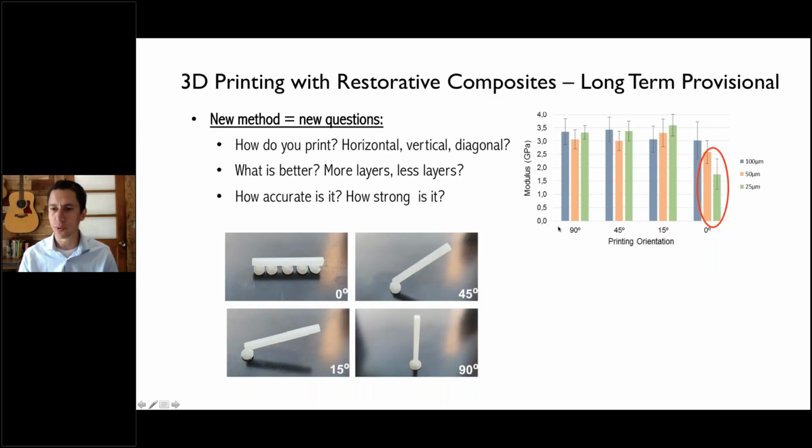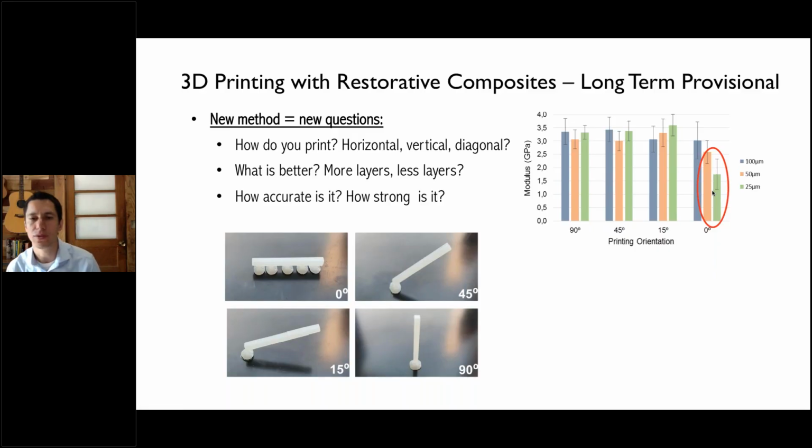And much to our surprise, like Kurt mentioned earlier, we found that if you're printing these bars horizontally, 90, or vertically 90 degrees, there's very little influence of the layer thickness on the mechanical properties. But as we go down to a horizontal printing process, we start seeing a very significant effect for the number of layers being printed.